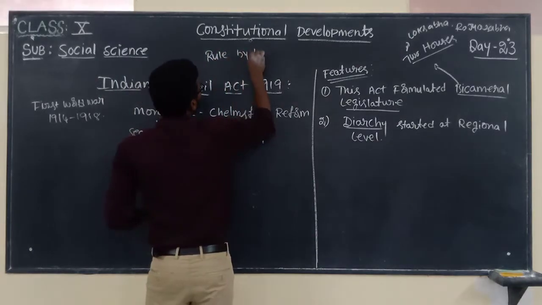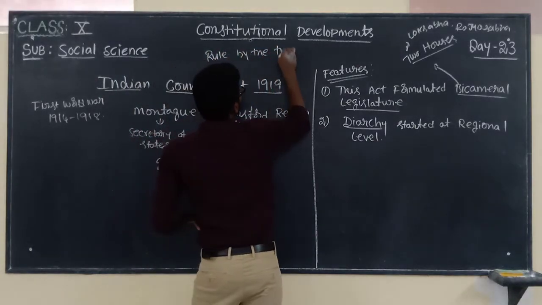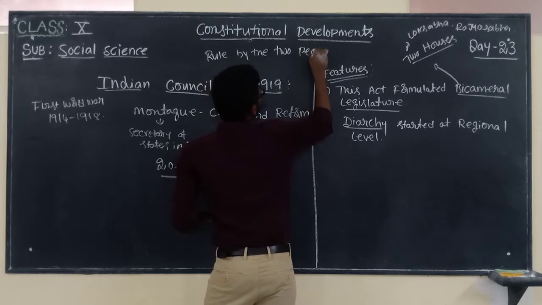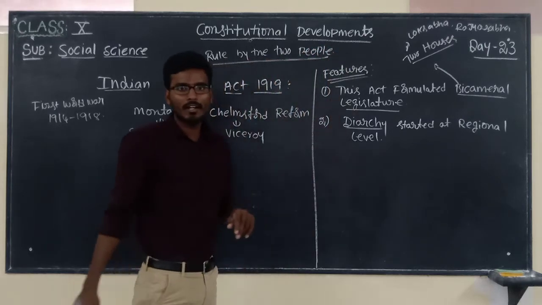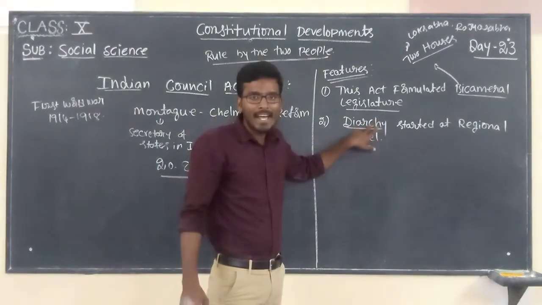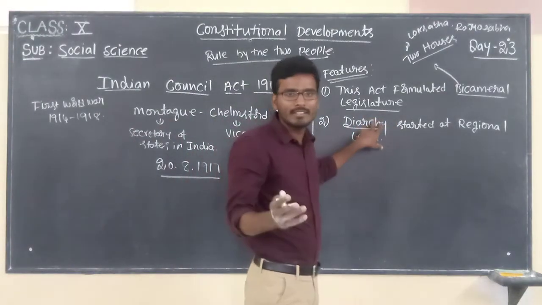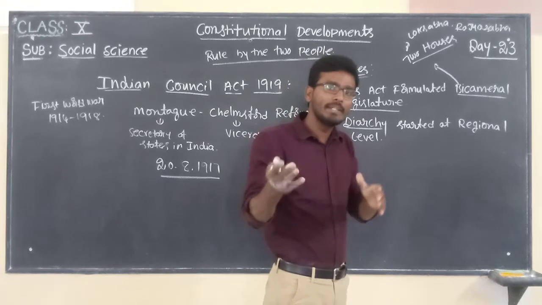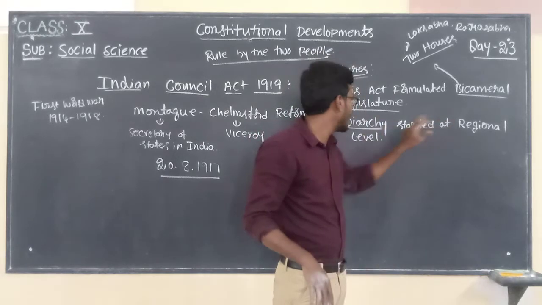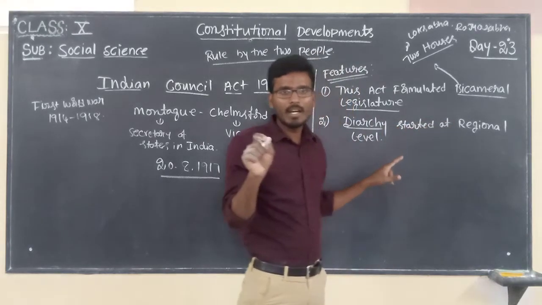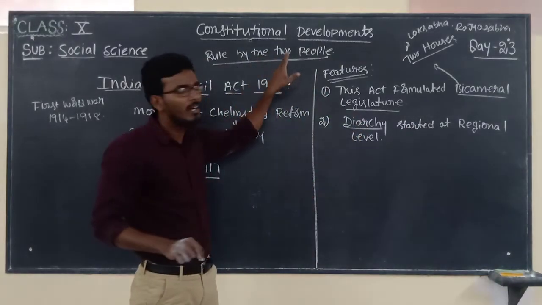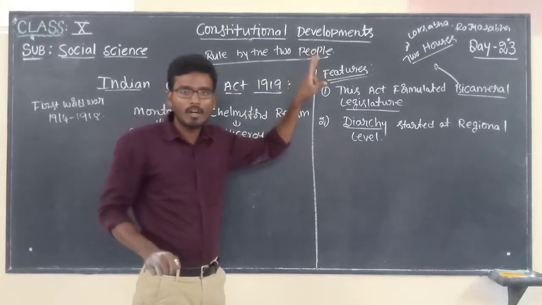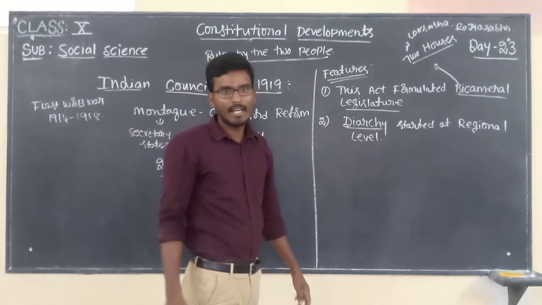Rule by two people or two authorities is known as diarchy. So you can say ruling by the Indians and ruling by the British. What is the meaning of the word diarchy, children? Here diarchy means rule by two people or two authorities.